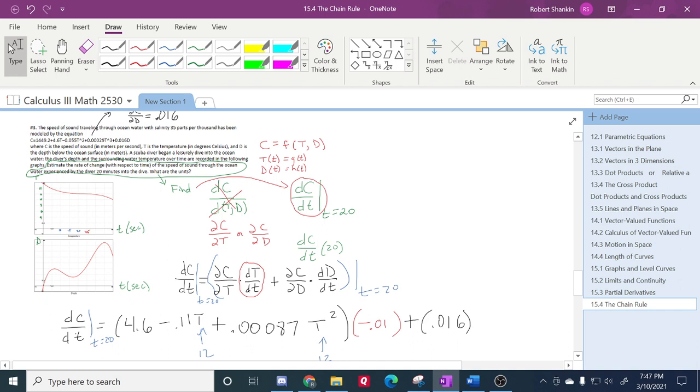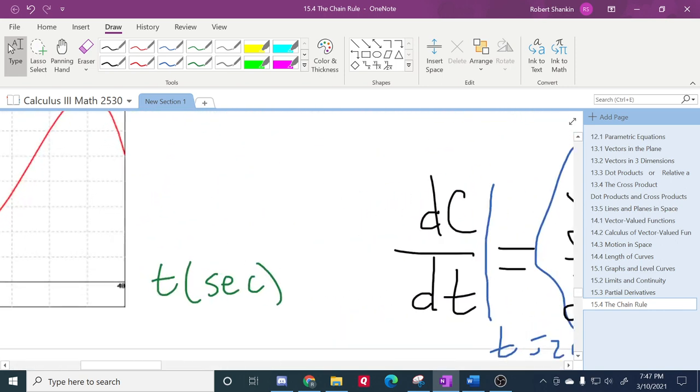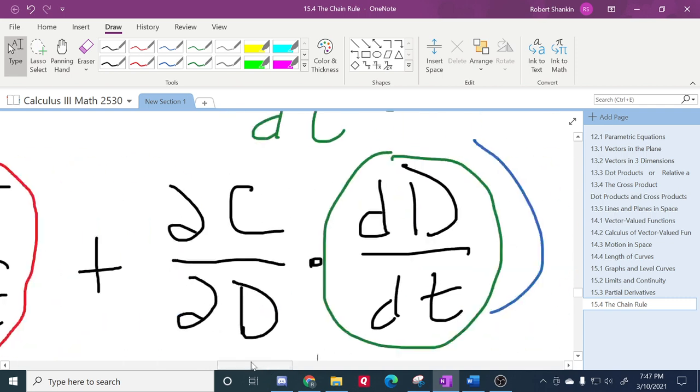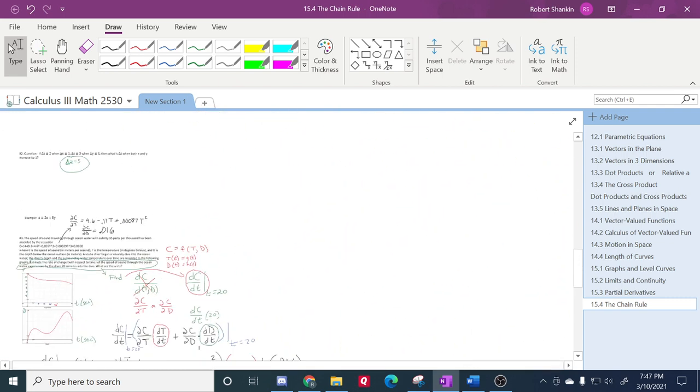dd/dt. And I have to look at this graph. Zoom back out.